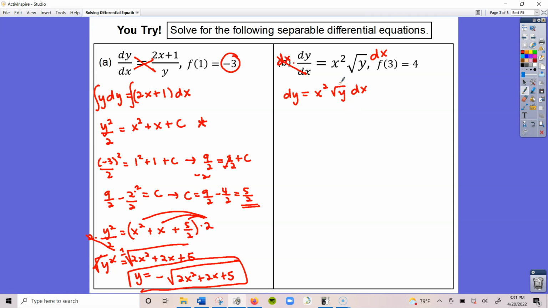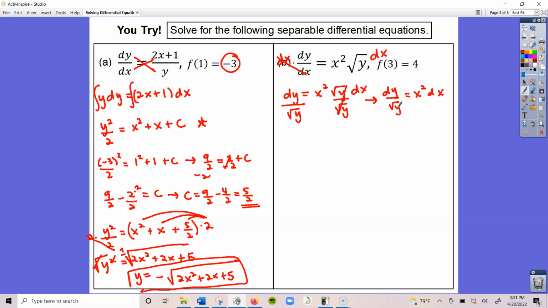Finally, I can get rid of this square root of y by dividing it since everything is being multiplied. So I have now the equation dy over the square root of y is equal to x squared dx.